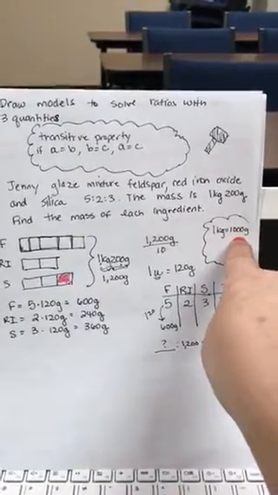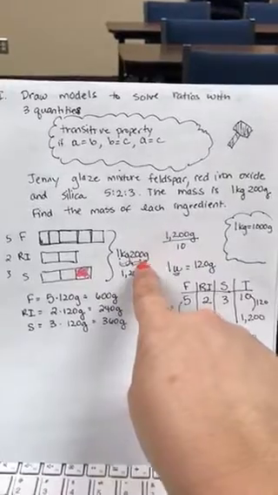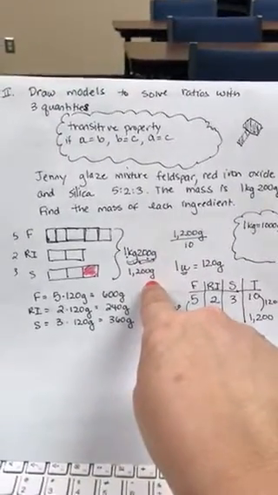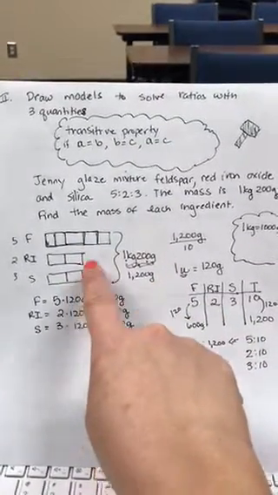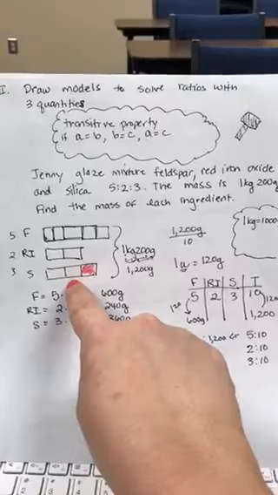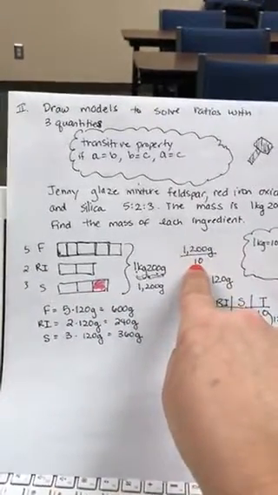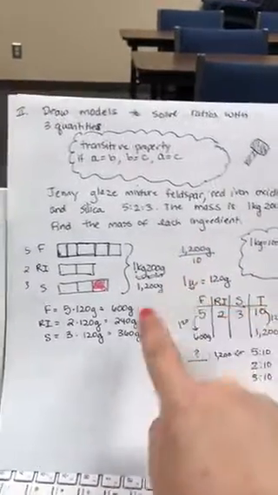So I have 1,000 grams here, plus 200 grams is 1,200 grams total. And we're using the same strategy that we did before, where we use the parts to find the whole. So since I have 5 plus 2 plus 3, my total units is 10. So I'm going to divide the total amount by 10 to find the value of 1 unit.